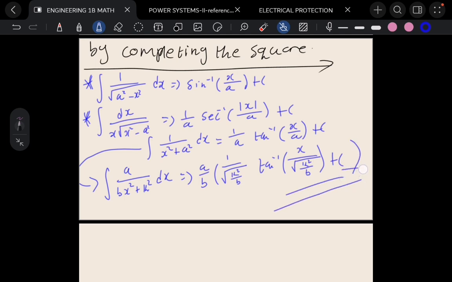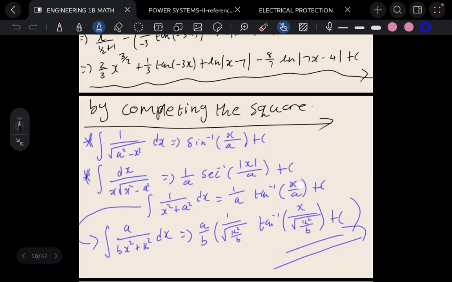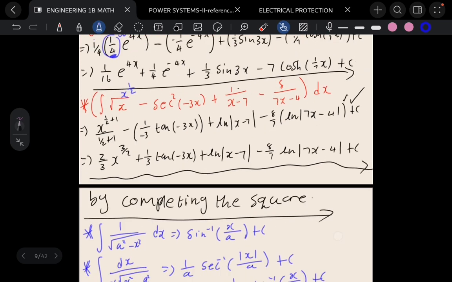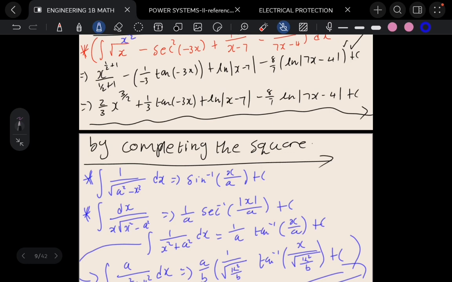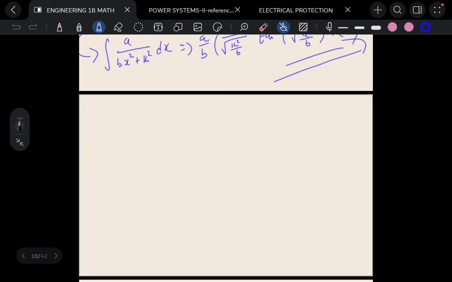So this is the formula that you use if you have this case. We use these formulas when we complete a square, but for now I'm just going to play with these formulas.